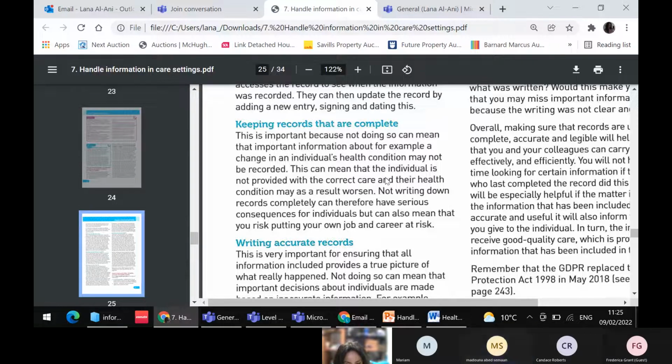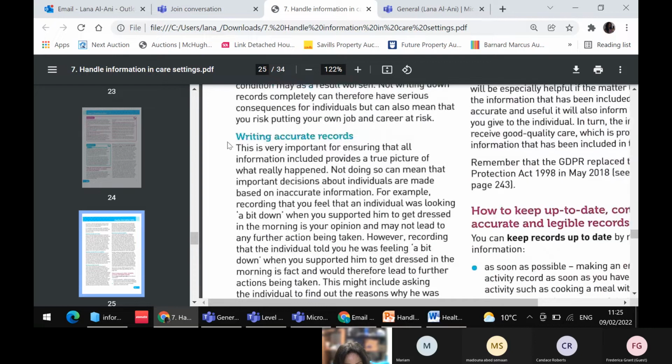And also when I write the information about my client, I make sure it is accurate, so it gives an accurate picture of what is really happening.